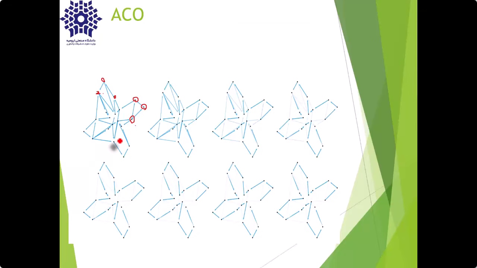You see there are different directions, different routes, different ways between the cities.